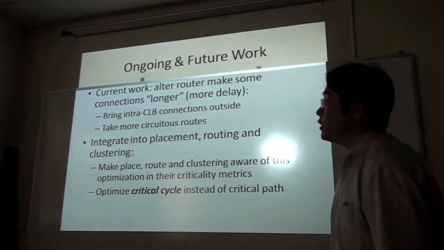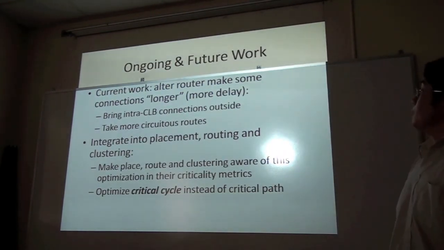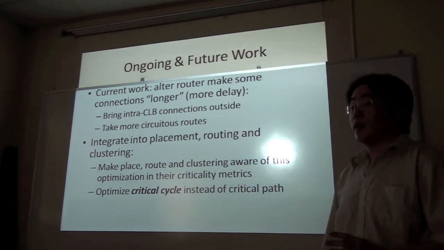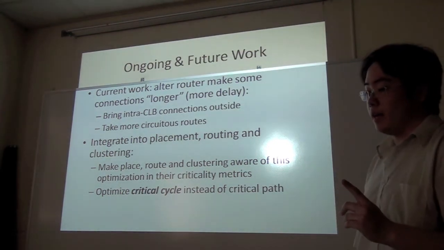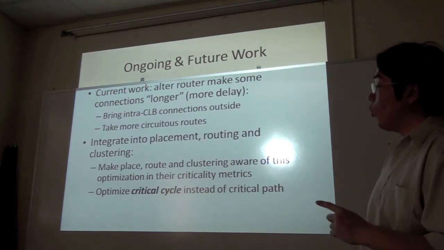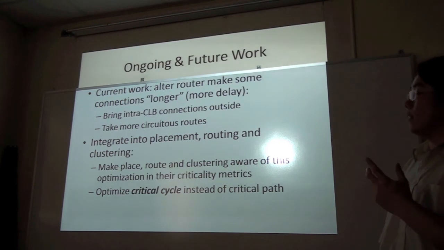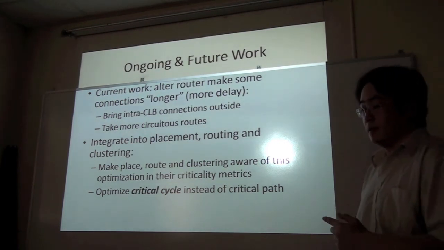So how can we fix these problems? The most obvious way is to make some connections longer by taking more circuitous routes, or bring the intra-CLB connections outside and let the router route the connection.